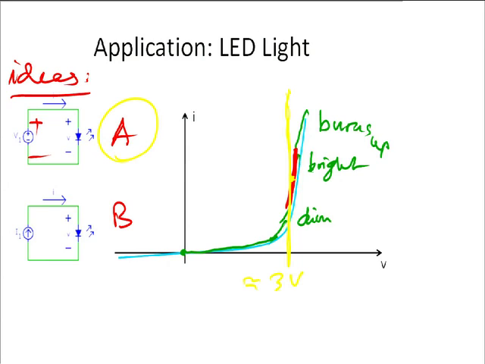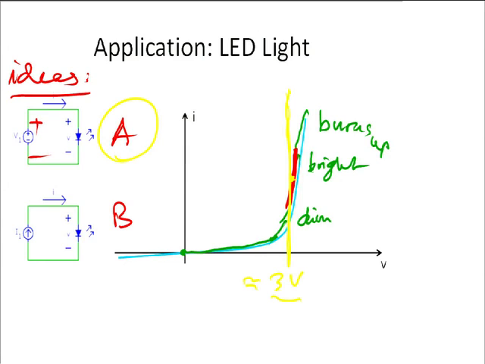Now, with really ideal components, we're done. That works just fine. You just got to adjust the voltage to the right value, and then everything works fine. In practice, things don't work so well because, as you know, real batteries get older and older, and then this yellow line shifts to the left, and what happens to the LED?